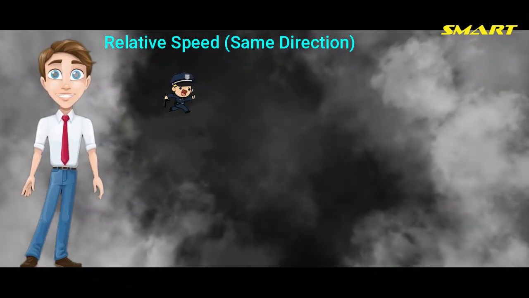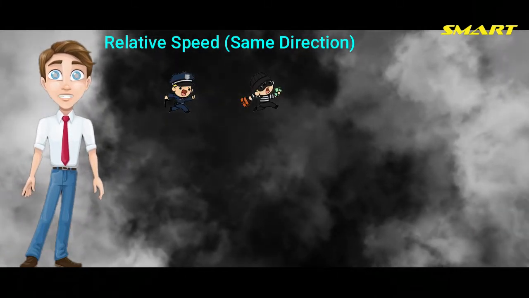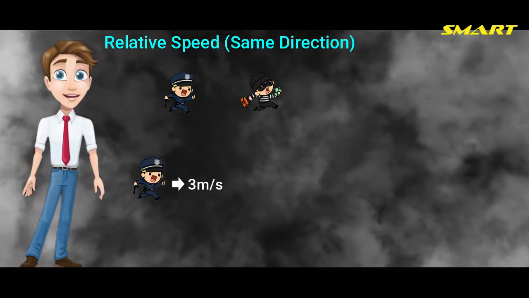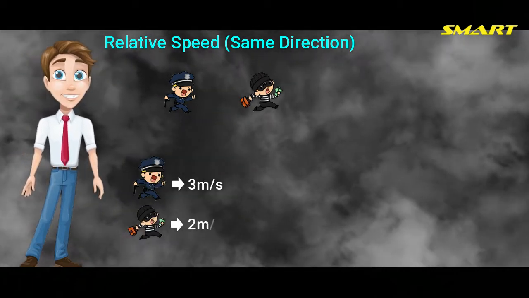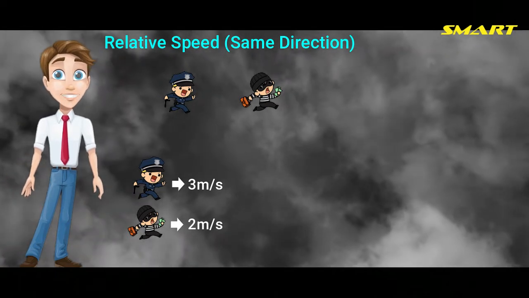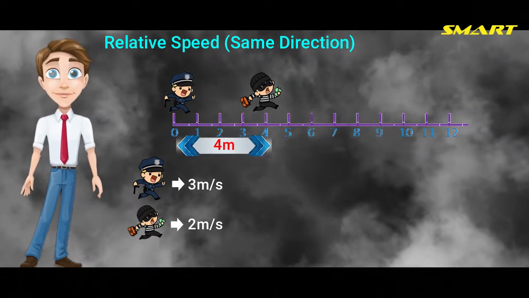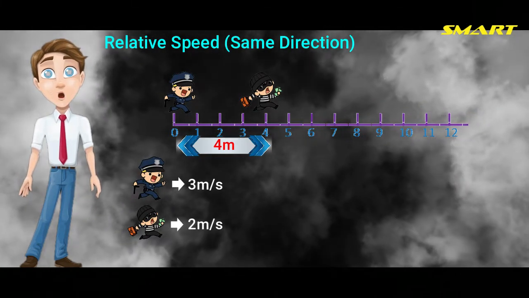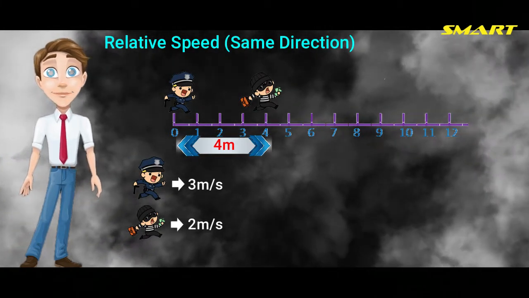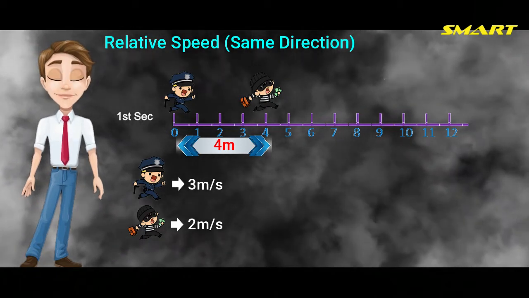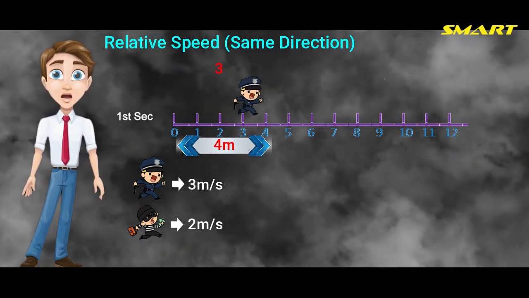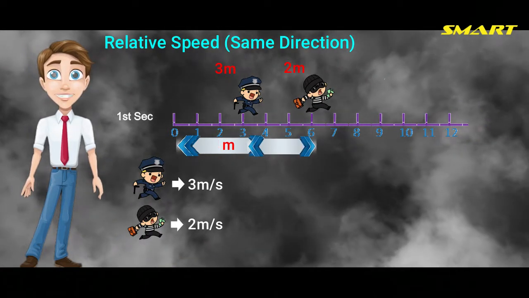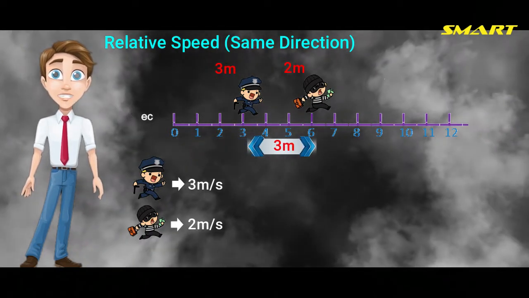Assume a policeman is chasing a thief. The speed of the policeman is 3 meters per second, the speed of the thief is 2 meters per second, and the initial distance between them is 4 meters. After how much time will the policeman catch the thief? In the first second, the policeman will cover 3 meters and the thief will cover 2 meters, and the distance between them will be only 3 meters.